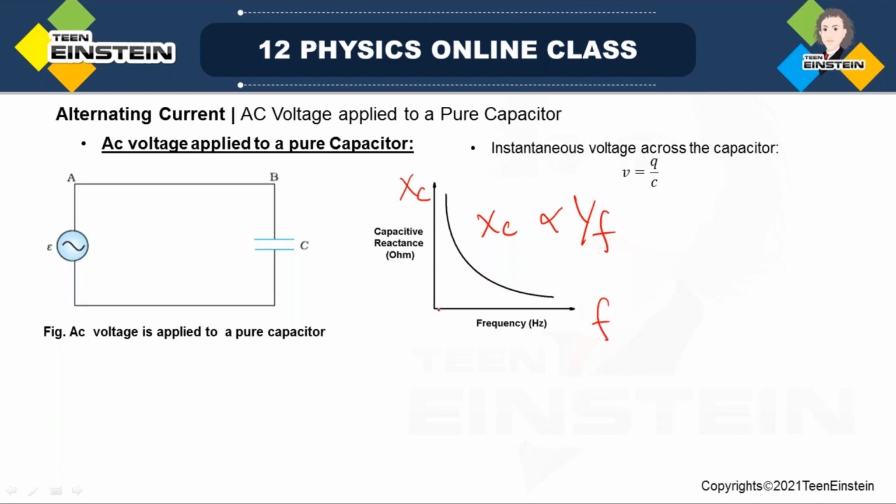When frequency is almost 0, it has almost infinite resistance. This is the case for DC signal. When you increase the frequency, the capacitive reactance decreases, and at highest frequency it is almost negligible or nearly equal to 0. So that's why AC signals, because they have frequency of oscillations, the current will not be blocked by a capacitor. I hope it is clear to you.